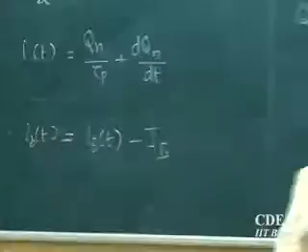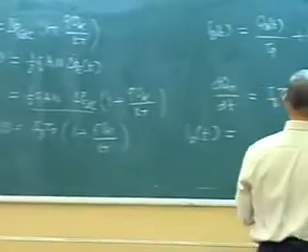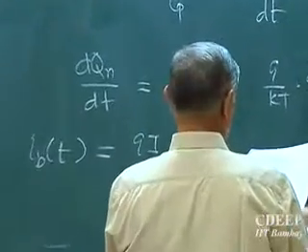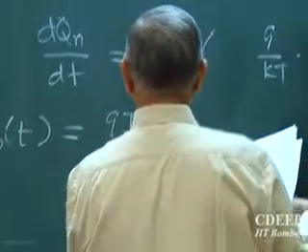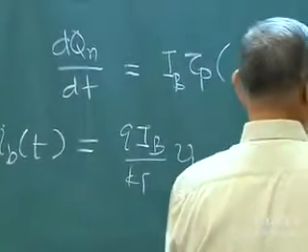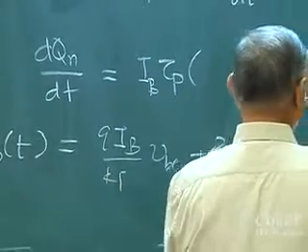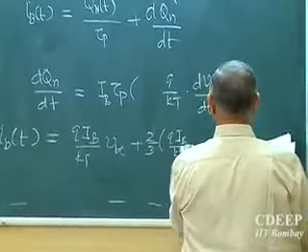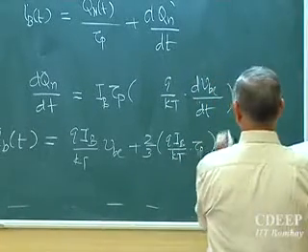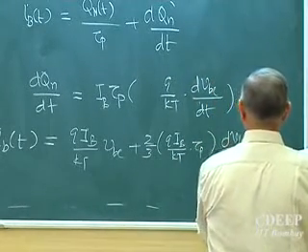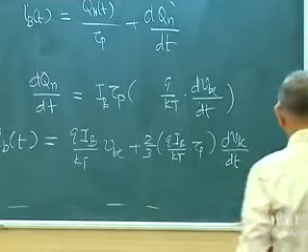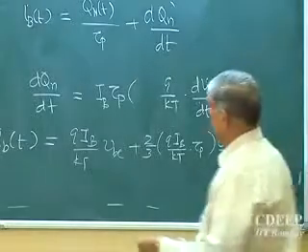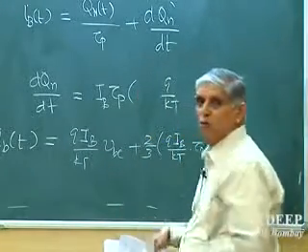So using that, I solve this, and what I am going to get is the following. QIB by KT into VBE plus 2/3 QIB by KT into tau p into dVbe by kt, dt. अच्छा, अभी ये इक्वेशन देखो प्लीज.